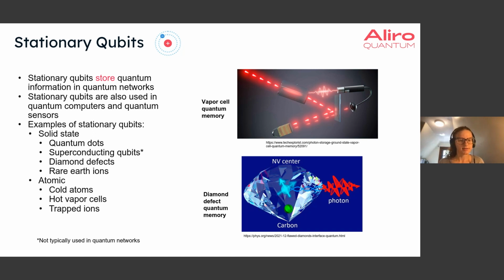These hot vapor cells are kind of unique compared to these other qubits listed, in that they can actually operate at room temperature. Most of these other qubits require temperatures near 0 Kelvin, or at the very least cryogenic temperatures. So this is really a great property of hot vapor cells. And there's also trapped ions as well, which are used as stationary qubits.